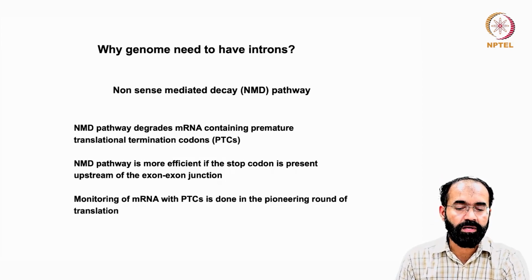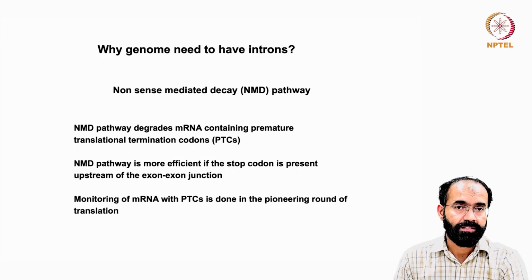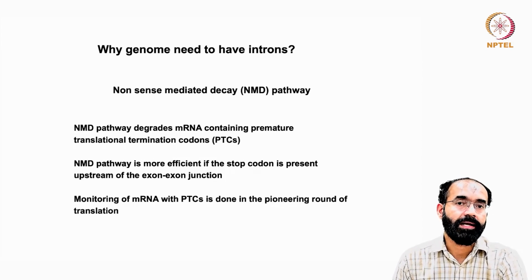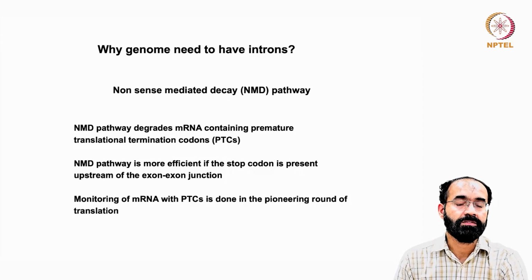The NMD pathway is more efficient if the stop codon is present upstream of the exon-exon junction. Remember, so far we have been talking about the exon-intron boundary. Here we are talking about the exon-exon junction in a mature mRNA. Say a mature mRNA has 3 exons, exon 1, exon 2, exon 3.